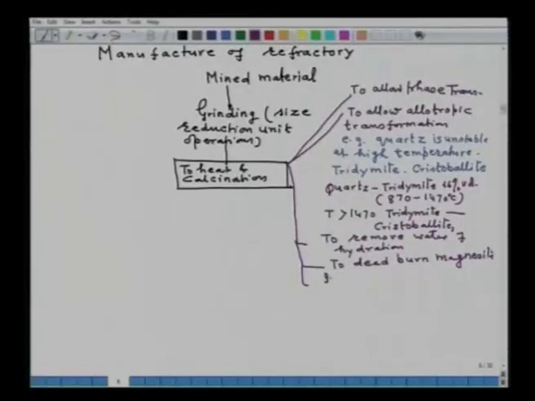It could be dolomite, or MgCO3, or calcium carbonate. Here CO2 has to be removed. Another thing, in fire clay, the mullite formation is important.